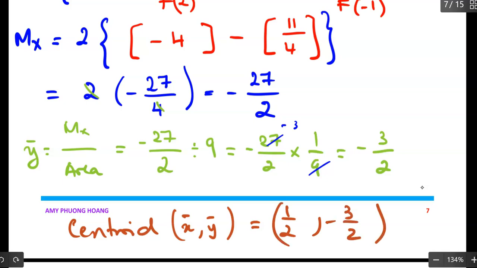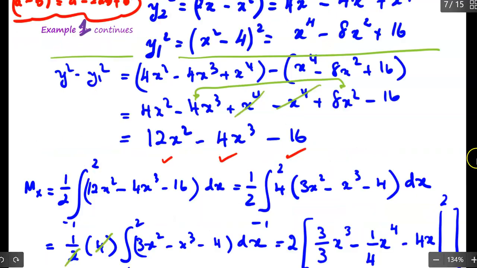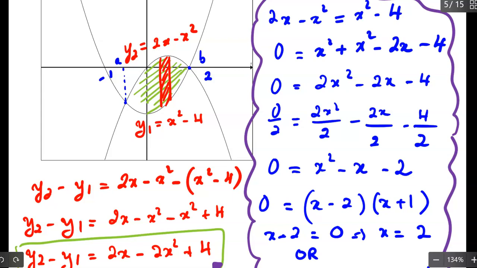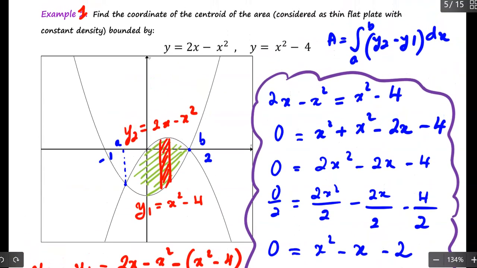Okay. So I have about 5 minutes left. So let me go over what we have done. Okay, so a quick summary of what we have done. For this example, finding the centroid for this particular area, consider a thin flat plate with a constant density, bounded by these two functions.